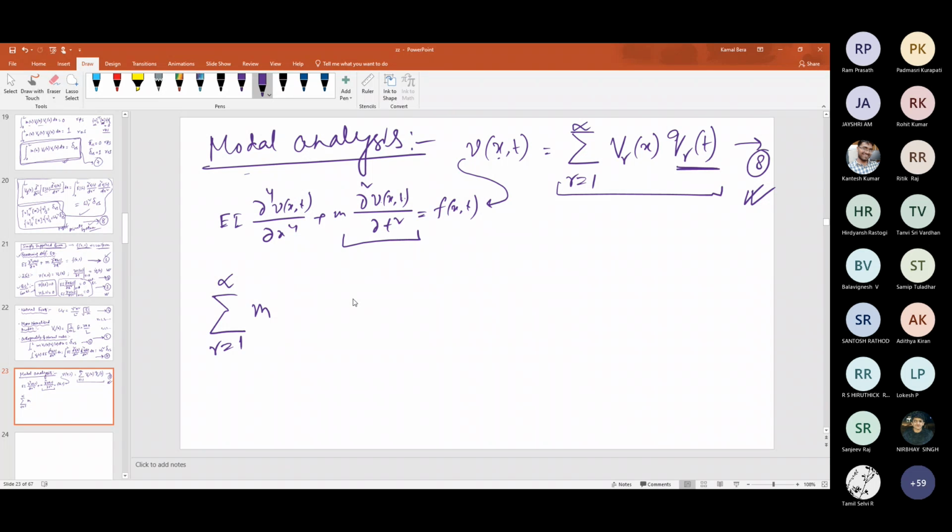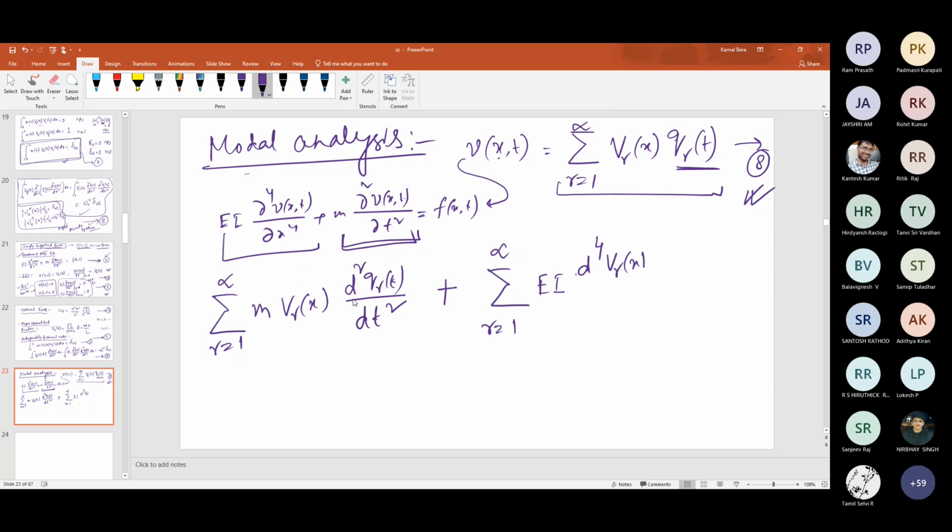Vr(x) will be outside, and d2 qr(t) by dt2, plus summation of r equal to 1 to infinity, EI, Vr(x) will be there, qr(t) will be differentiated, so d4 Vr(x) by dx4 into qr(t) equals to f(x,t).